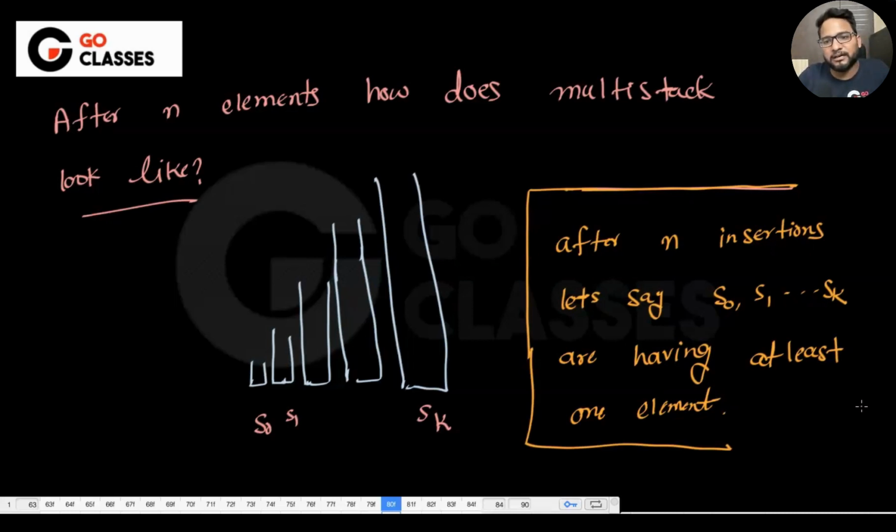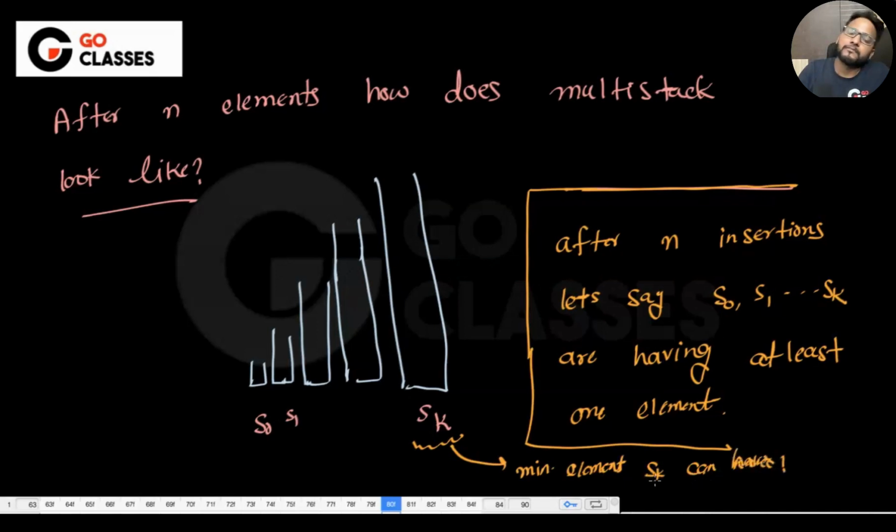But at least till now, I'm just saying that there are S0 to Sk which are having at least one element. Tell me the minimum number of elements this Sk can have. This is very interesting. What are the minimum elements that Sk can have?